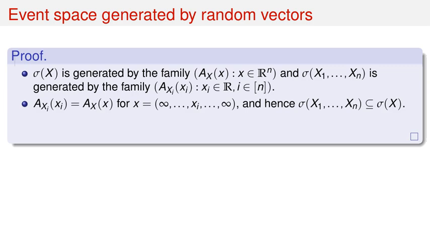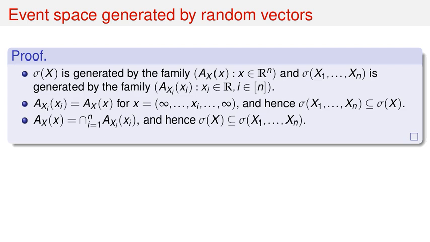We know A sub X sub i of x sub i is equal to A sub x of x, where x is infinity and so on, x sub i and so on, infinity. This means any generator for sigma of X sub 1 and so on, X sub n is in sigma of X, hence sigma of X sub 1 and so on, X sub n is a subset of sigma of X.